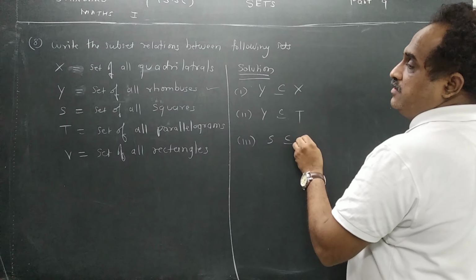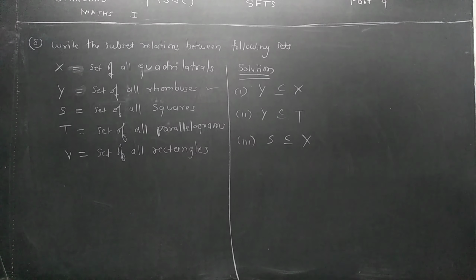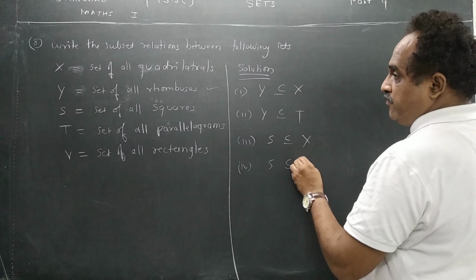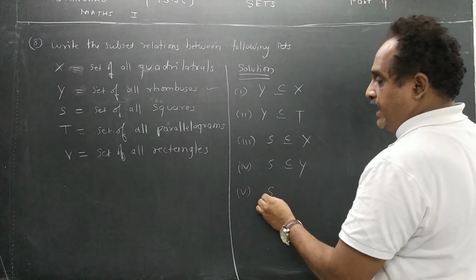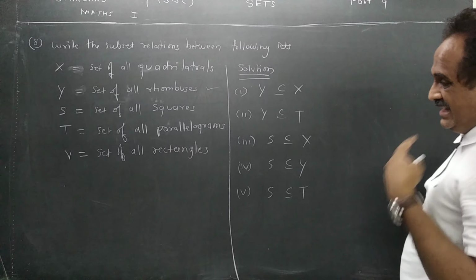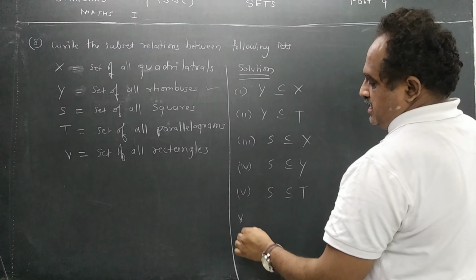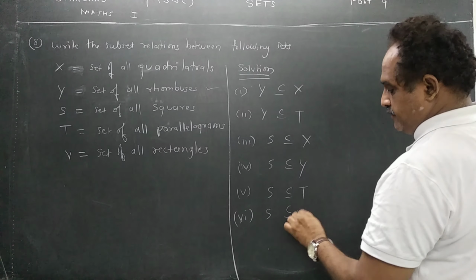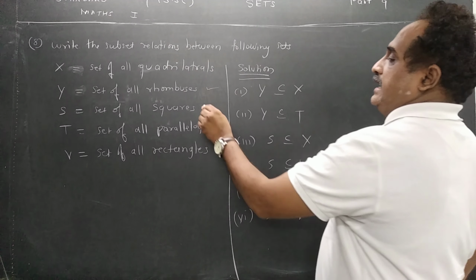S is a subset of X. वो तो होना ही है, सबसे बड़ा है वो. स्क्वायर क्या होते हैं? स्क्वायर रोम्बस भी होते हैं, राइट? So what I can write, S is a subset of Y. करेक्ट. Fifth one, S square is a parallelogram, so S is a subset of T. And I told you that this... sixth one, S is also a subset of T. You got it? तो ये हो गया ये relation.